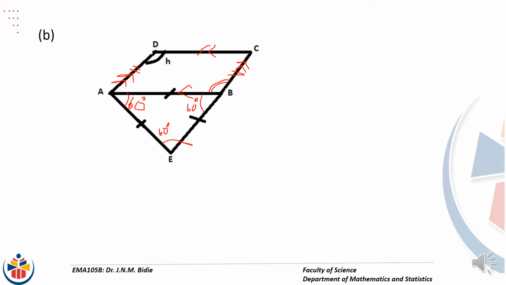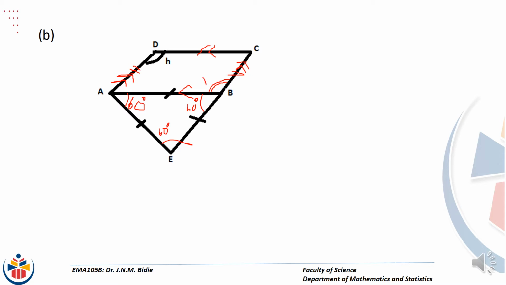which is ABC, angles on a straight line. So if this angle is 60 degrees, angle EBA plus angle ABC equal 180 degrees, angles on a straight line. So I can find angle ABC to be 180 minus 60 degrees.